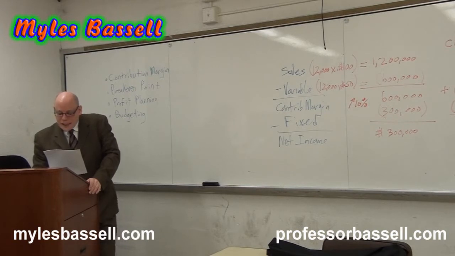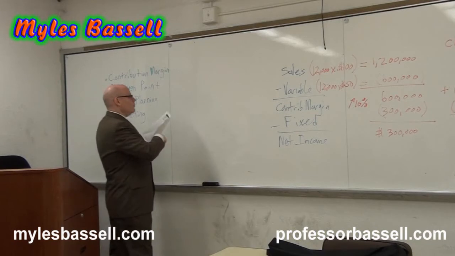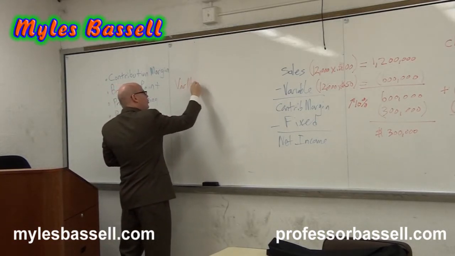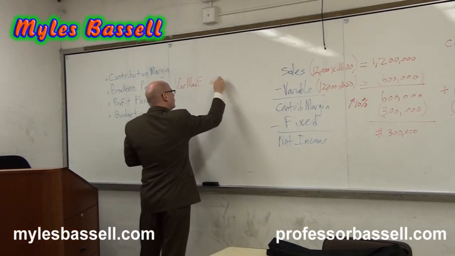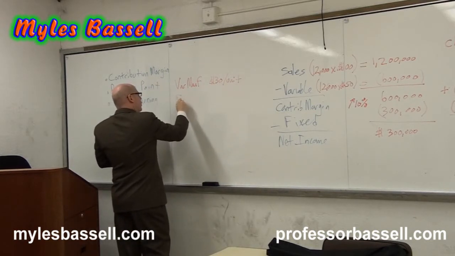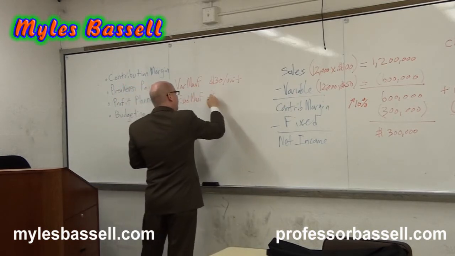And the fixed selling and administrative costs are $8 per unit. So the SG&A, which is the non-manufacturing cost, is $8 per unit. So we have our variable manufacturing cost, which is how much? $30 per unit. And the fixed manufacturing cost, $10 per unit.